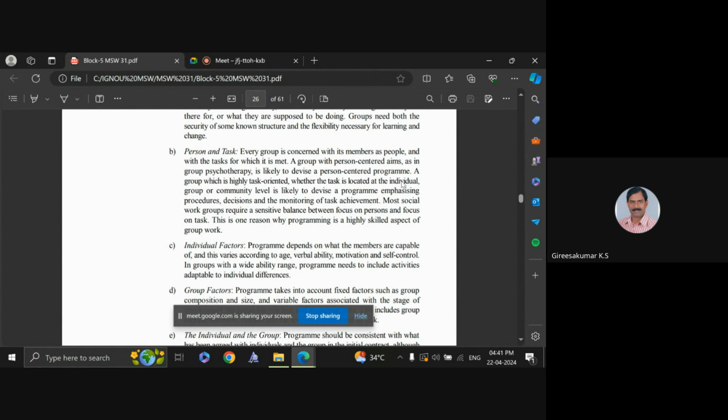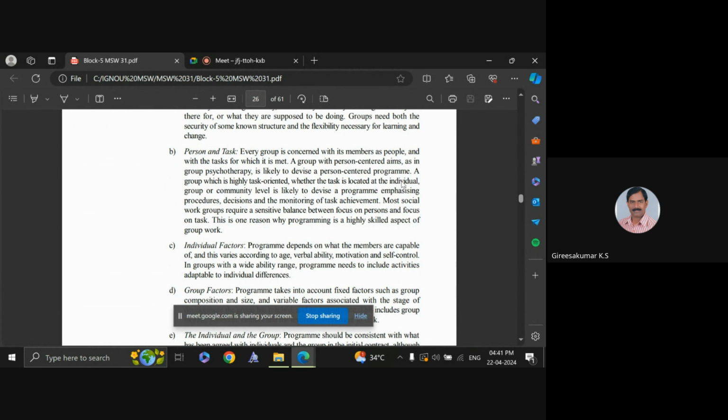Then individual factors and group factors. Individual factors means what the members are capable of, and this varies according to age, verbal ability, motivation, self-control. That is, it depends on these variables.